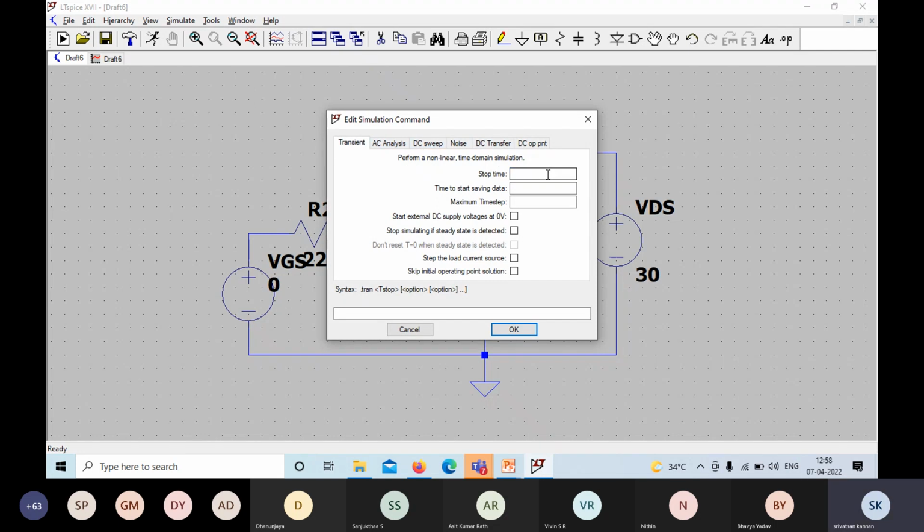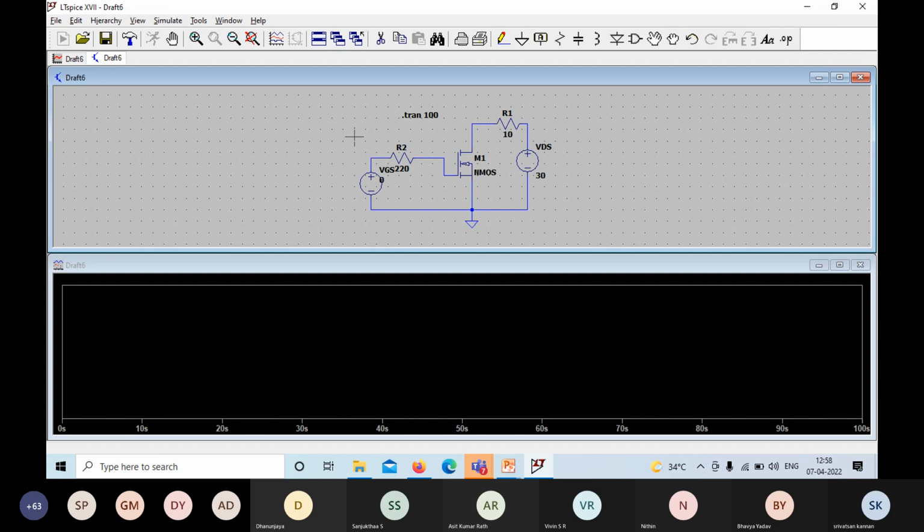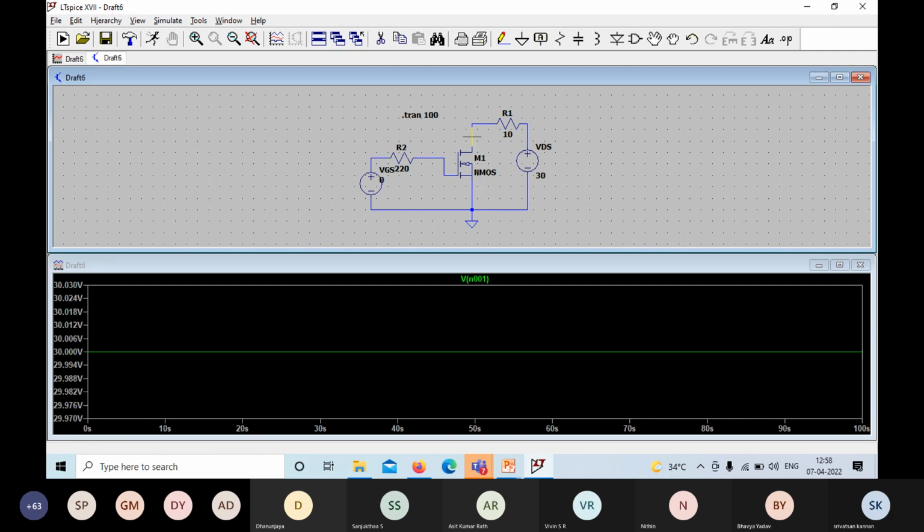Transient analysis. Are you getting 1 volt? That is 30 volt output for 0 input.